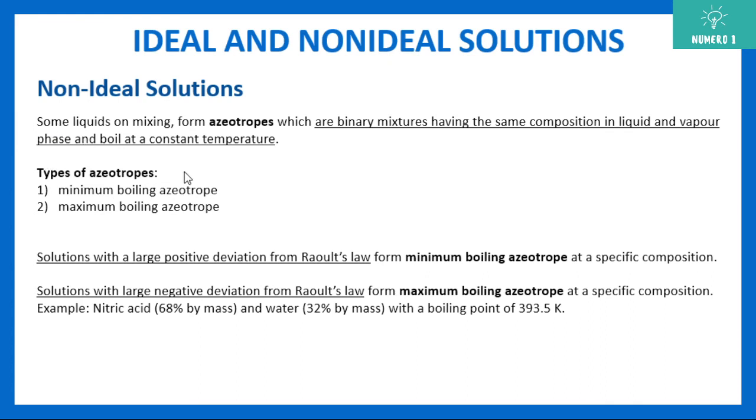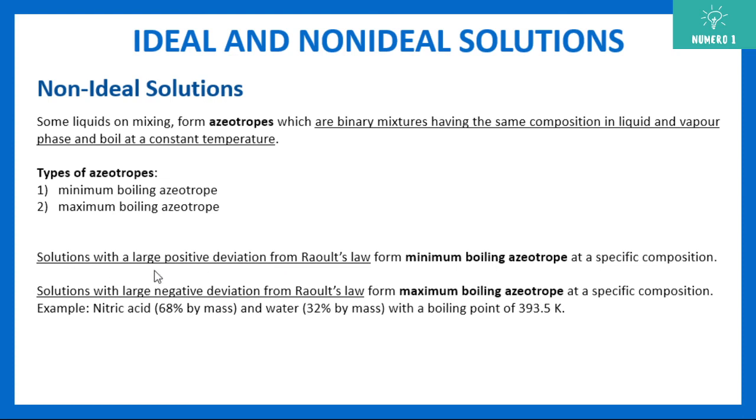So there are two types of azeotrope. One is minimum boiling azeotrope and the other is maximum boiling azeotrope. So solutions with large positive deviations from Raoult's law form minimum boiling azeotrope at a specific composition. In the same way, solutions with large negative deviation from Raoult's law form maximum boiling azeotrope at a specific composition. Now, how to remember this statement?